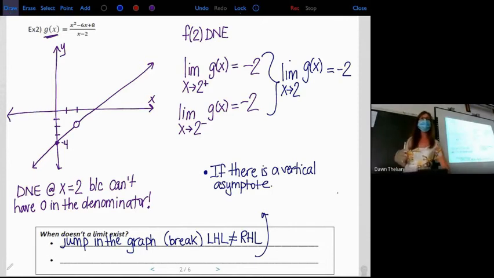Because the limit from the left and the right aren't going to match, because they're going to be going to opposite infinities. And since infinity itself is not a y value, it's really just a concept, if it doesn't approach a y value, the limit doesn't exist.